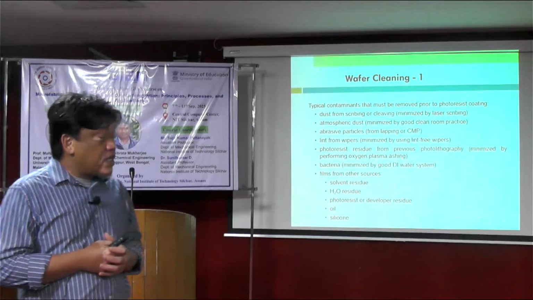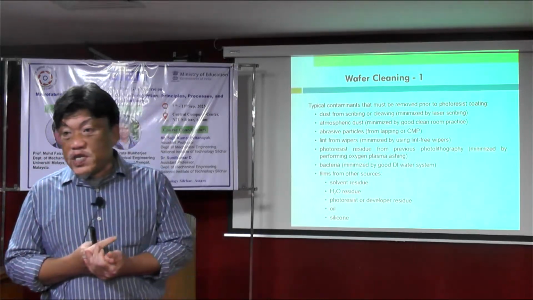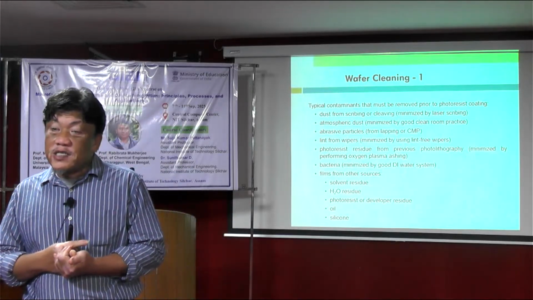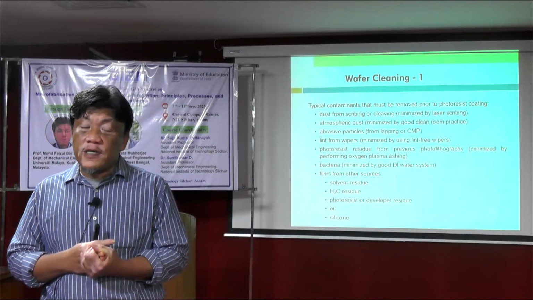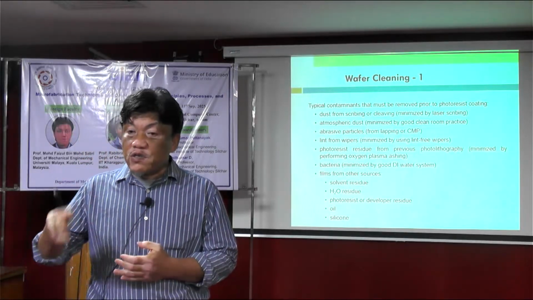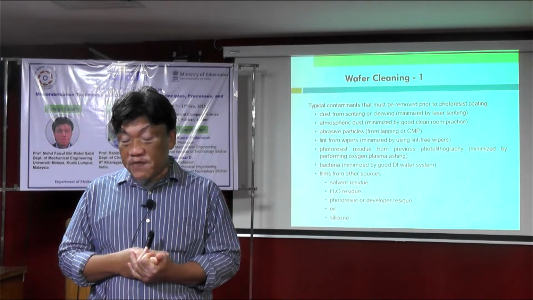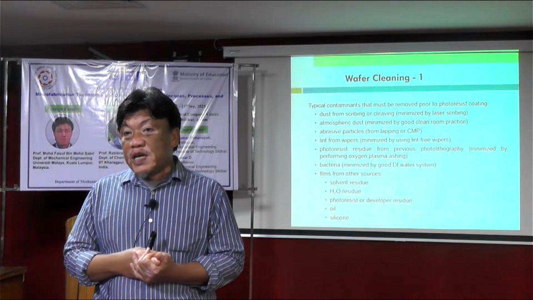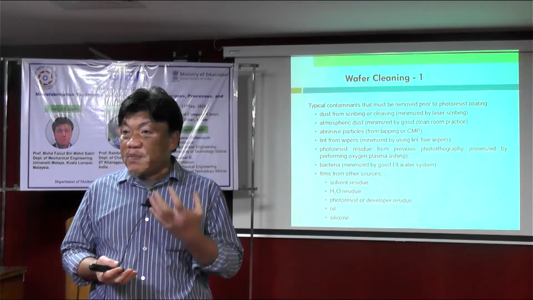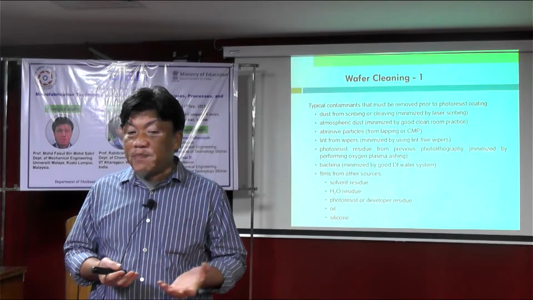So as I mentioned before, in order for you to get a design or a structure on your wafer, you might go through a few steps of photolithography as well. So with the few steps, the photoresist and the etching, everything might leave some contaminant.